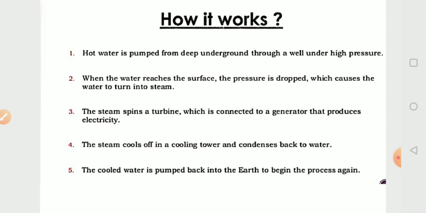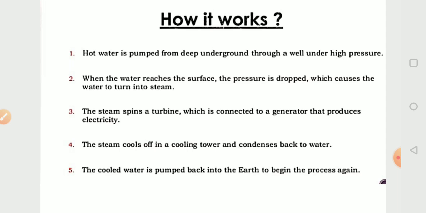The steam cools off in the cooling tower and condenses back to water. The cooled water is pumped back into the earth to begin the process again. So this process is repeated again and again.